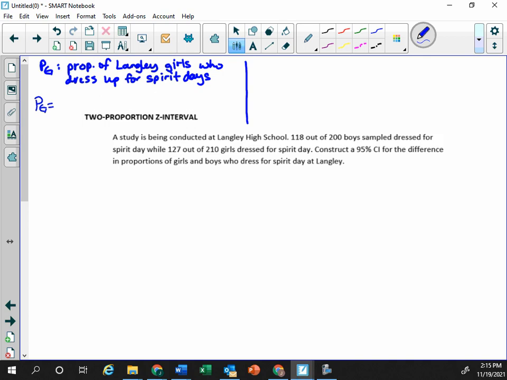Yes, there you go. I tricked you unintentionally. So we don't know P, but we know P hat. So P hat sub G absolutely is the 127 over 210, which I think is about 0.605. Okay.